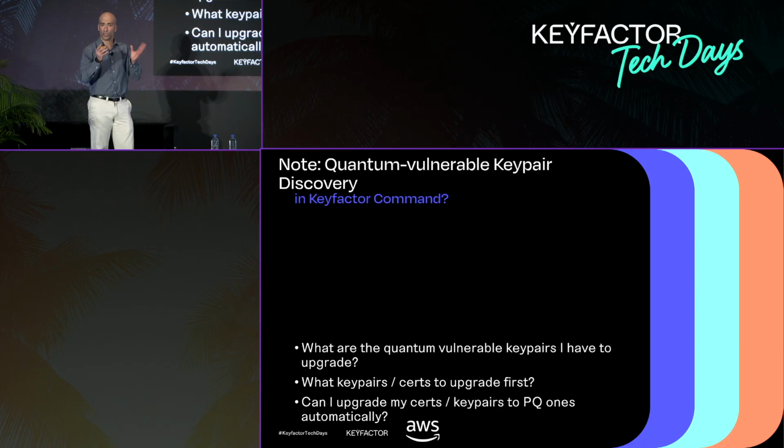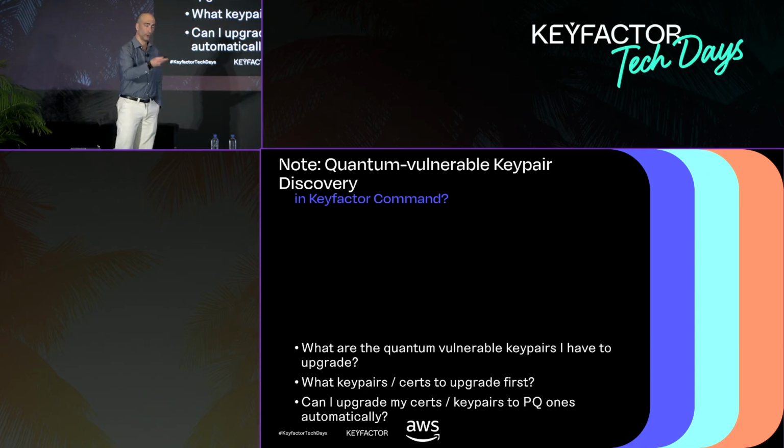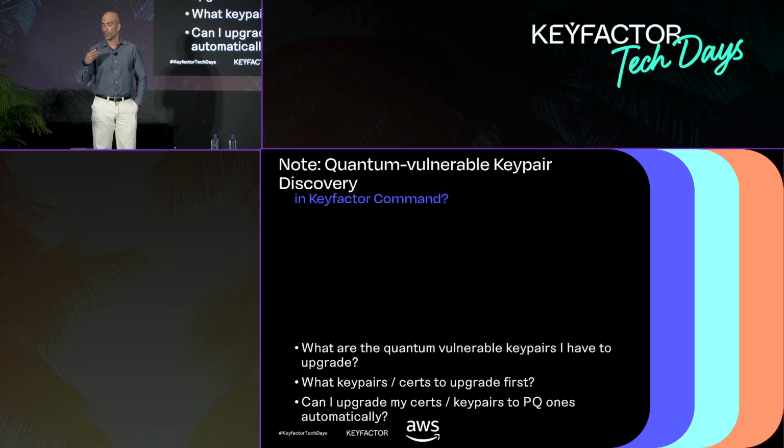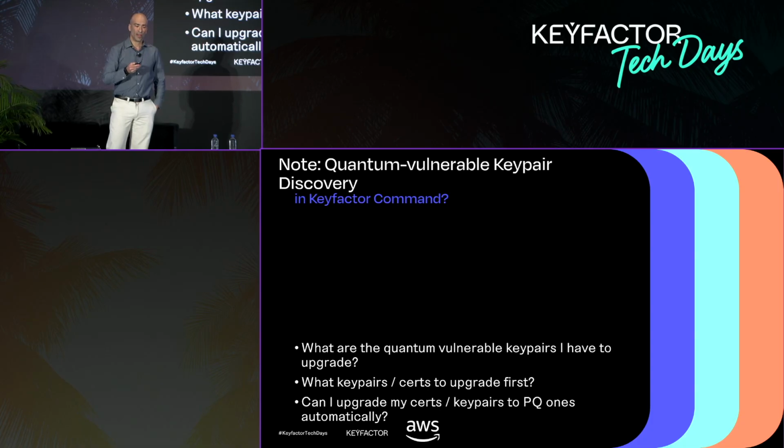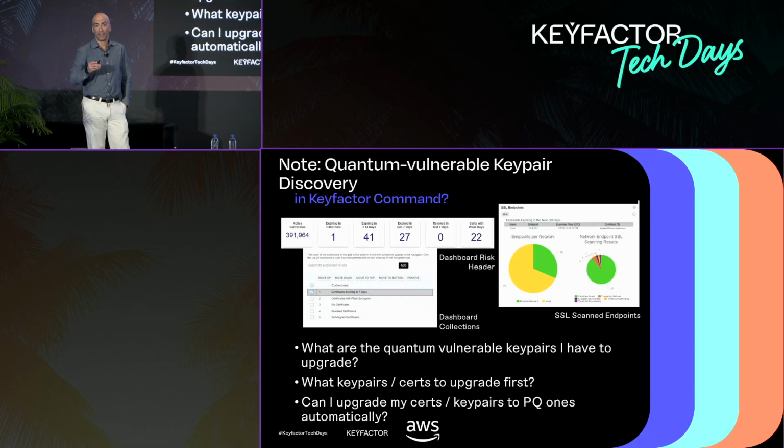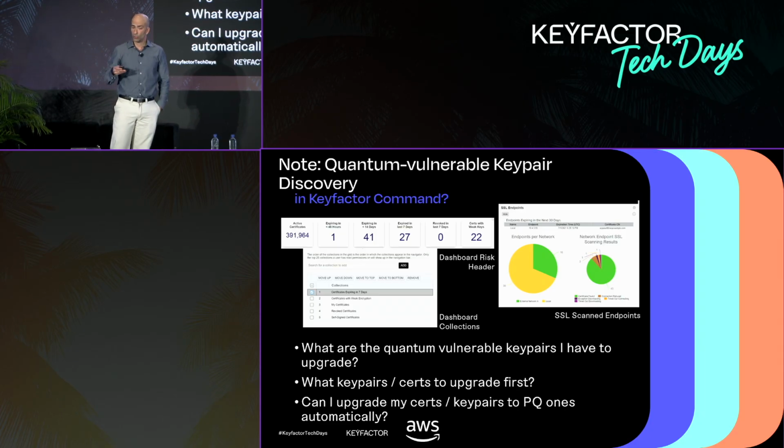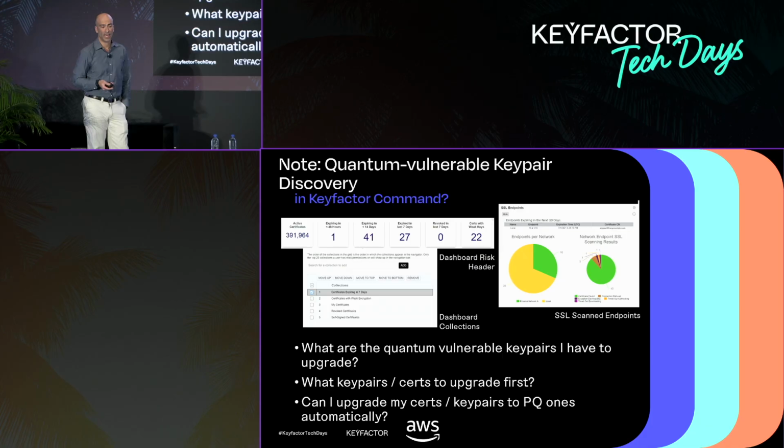Is there a repository or is there a way for me to know where I need to focus, where I have deployed these things that I need to upgrade? I'm teasing Keyfactor Command here, but that applies to any type of lifecycle management solution. I have here the dashboard risk header in Command.